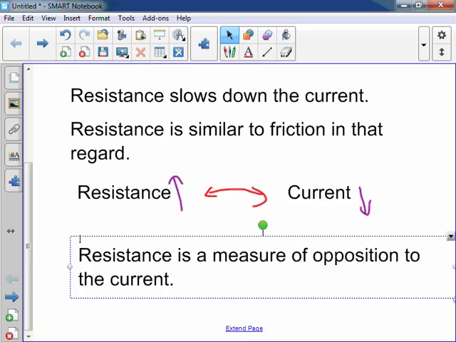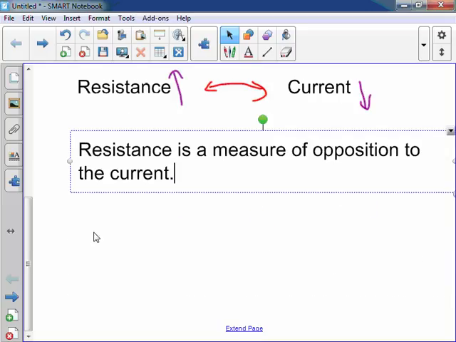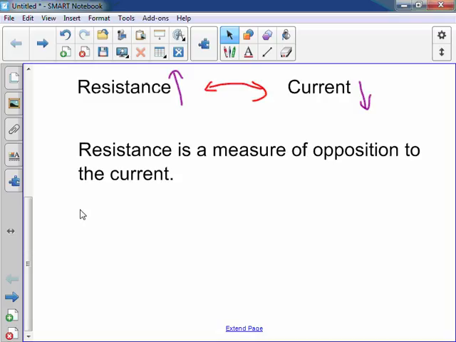Now that is a bit of a mouthful, and it doesn't really make a lot of sense the first time around, but it actually is very, very straightforward. This is what it means. I'm going to put explanation here. First of all, we already know that resistance resists the current. Well, opposition is resistance. So when it says resistance opposes the current, we're just saying resistance resists. But that's why it's called resistance, right? That's pretty straightforward.